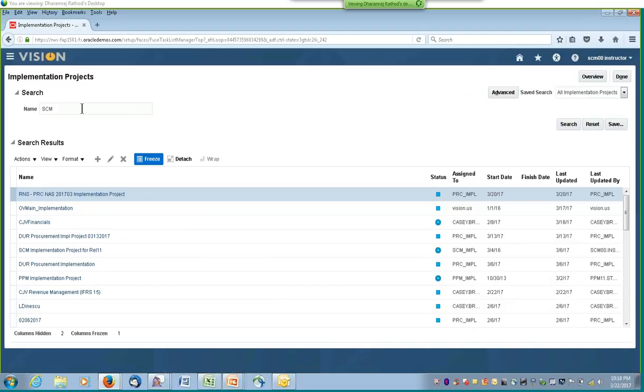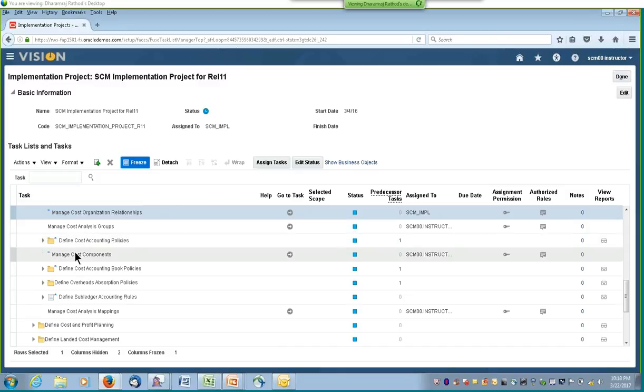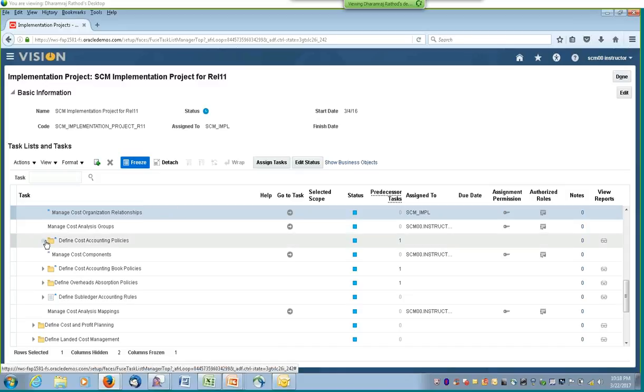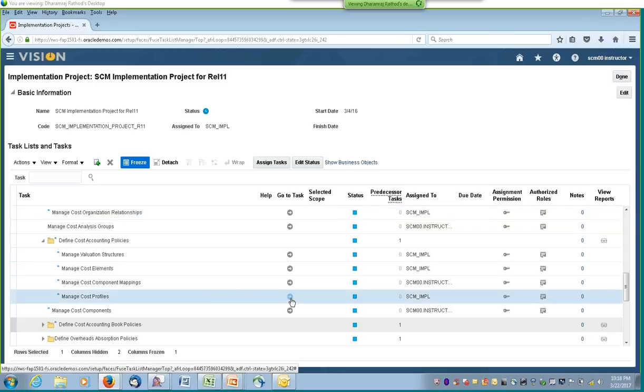Same implementation project. So here you go, manage cost profile.